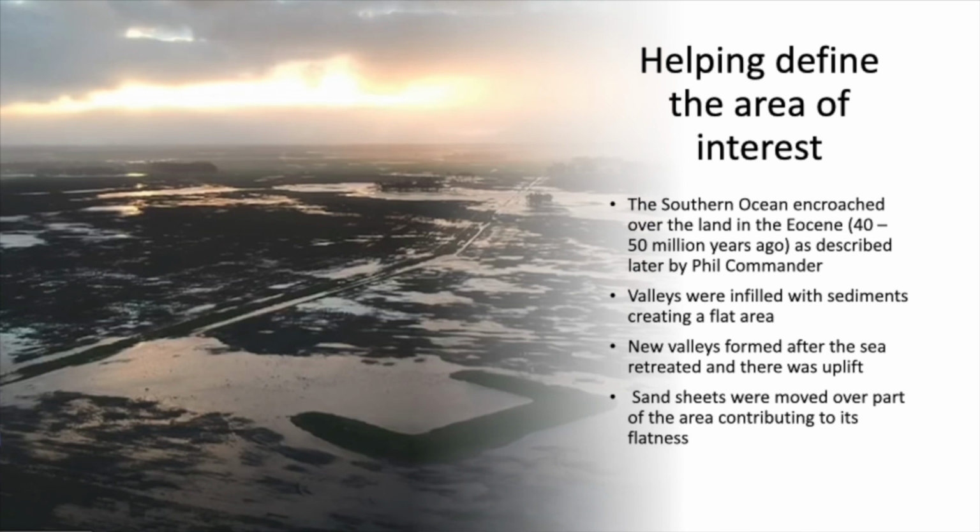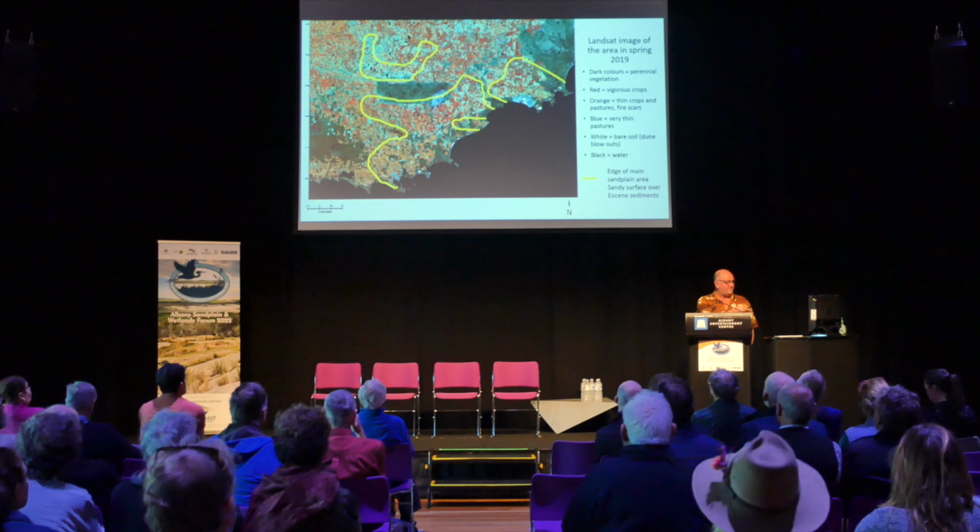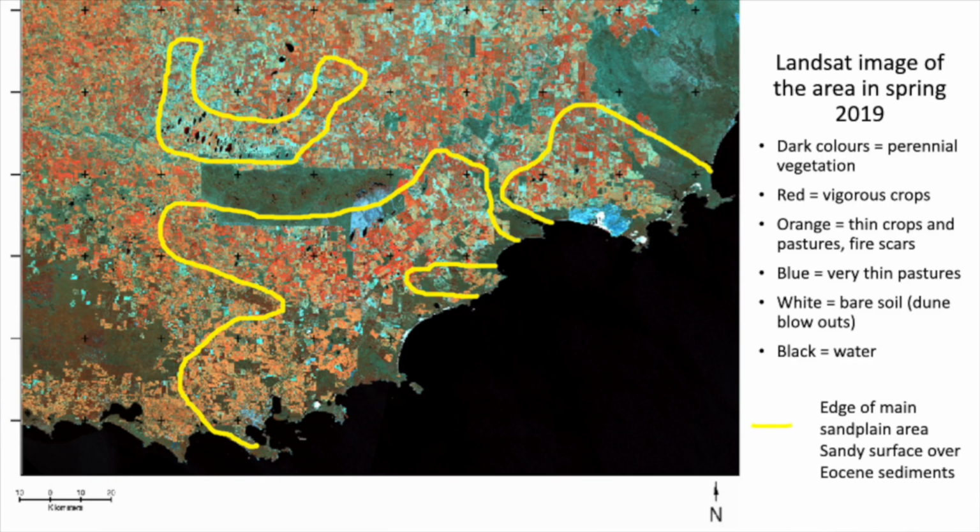And then sand sheets were moved over parts of the area, contributing to its flatness. The areas have been roughly identified just in this graphic, the North Stirlings and Bremer Bay and Southern Stirlings area.